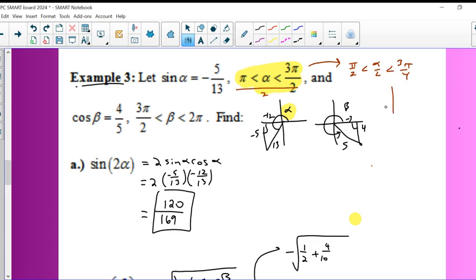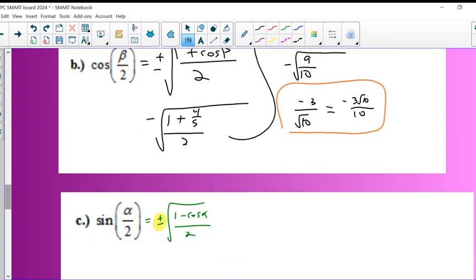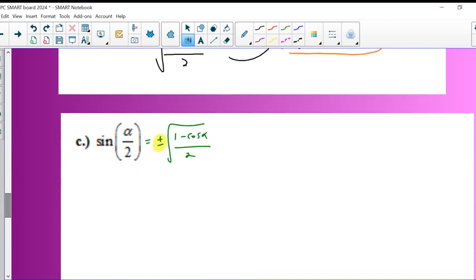In other words, it's still in the second quadrant, but it's in the upper half of the second quadrant. And sine, regardless of where you're at in the second quadrant, behaves as a positive ratio. So I know that between the plus and the minus, I'm choosing the plus. And again, I'd like to write it down, plus, and then I go on and continue.